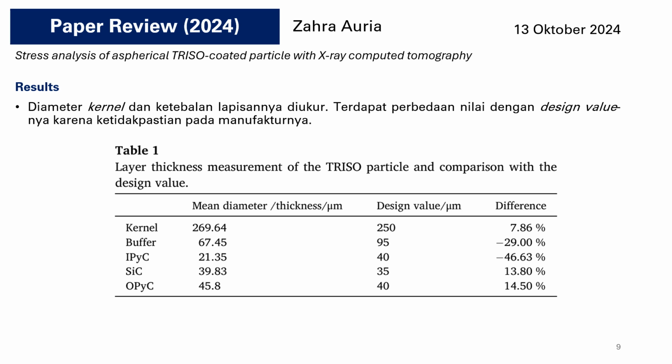The positive ones indicate that the actual diameter or thickness is larger than the design one, and the negative ones indicate that the actual diameter or the thickness is smaller than the design one.